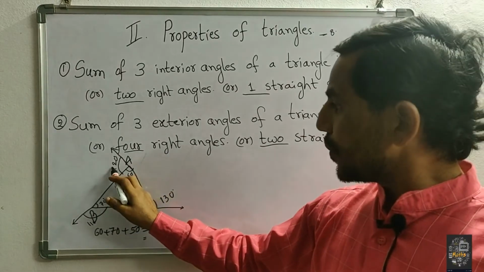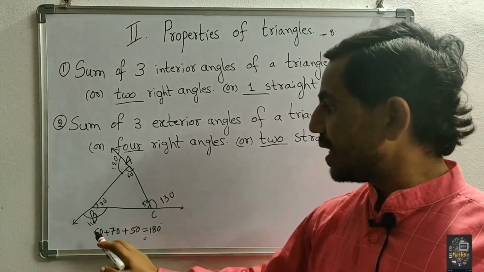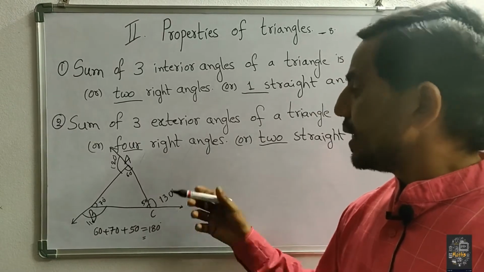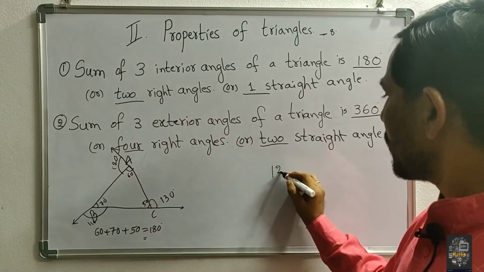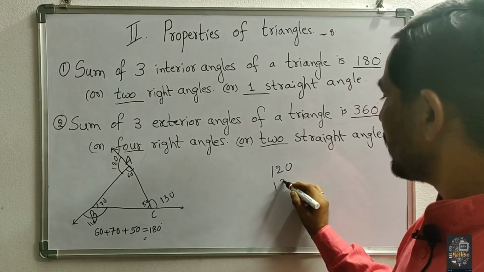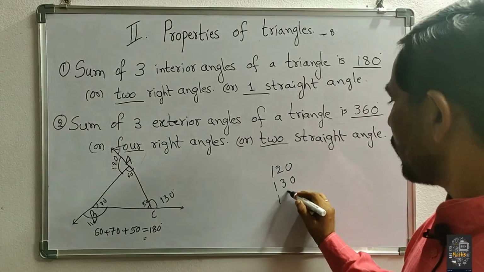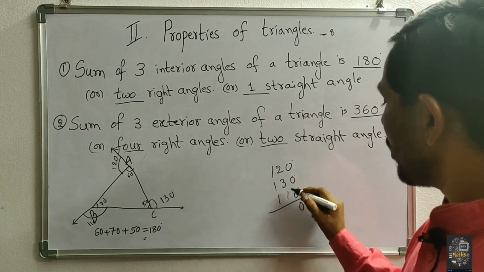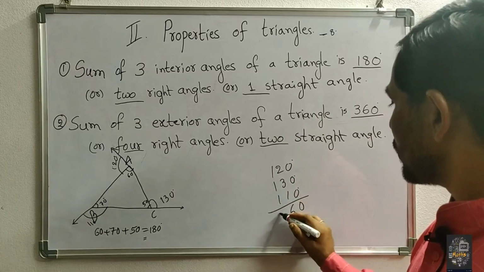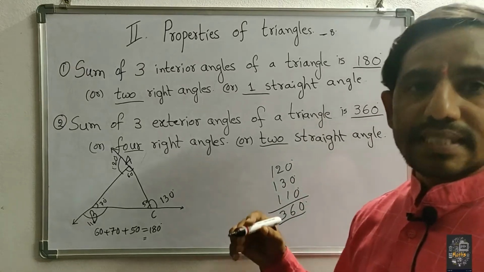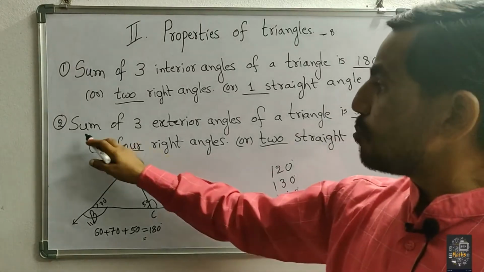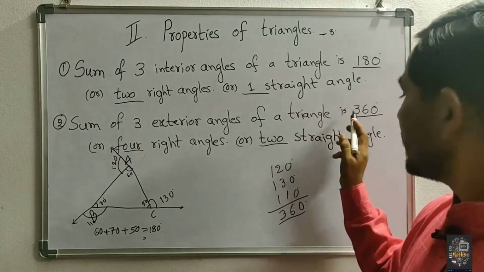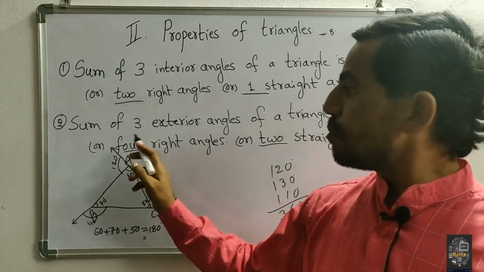So here 120 degrees is an exterior angle, 110 is an exterior angle, and 130 is an exterior angle. I will add 120 plus 130 plus 110. So the total is 360 degrees.